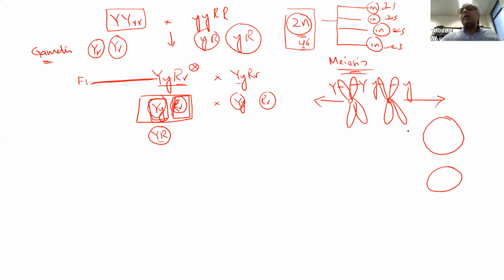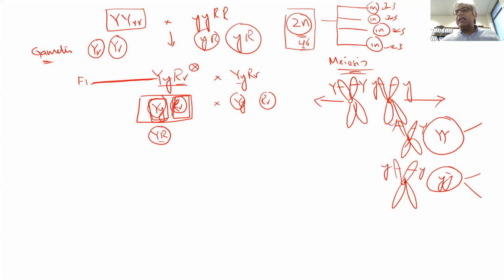In meiosis 1, the homologs will move to opposite poles, these metaphase chromosomes. Then this cell undergoes meiosis 2, and these sister chromatids undergo a simple mitosis kind of thing, where the two sister chromatids are separated, and what we have is a haploid with capital Y, capital Y.